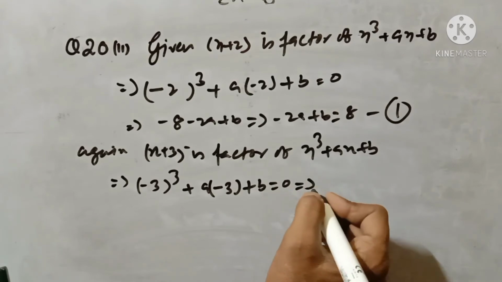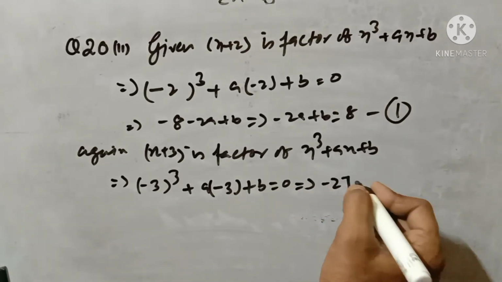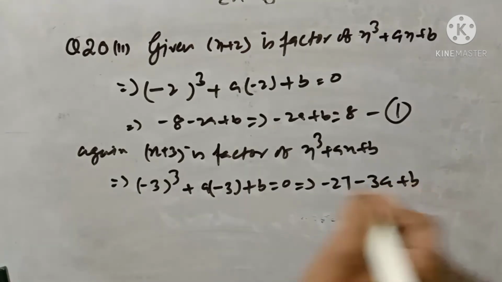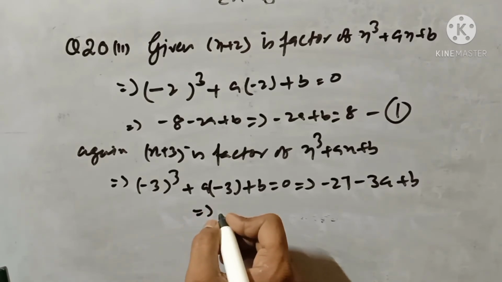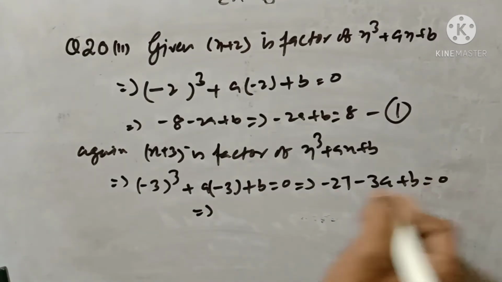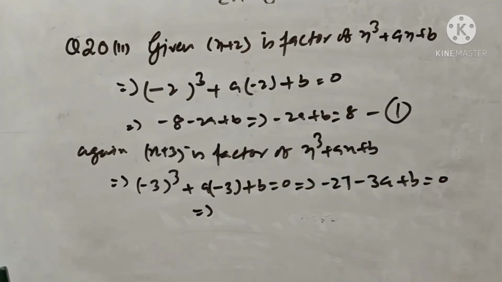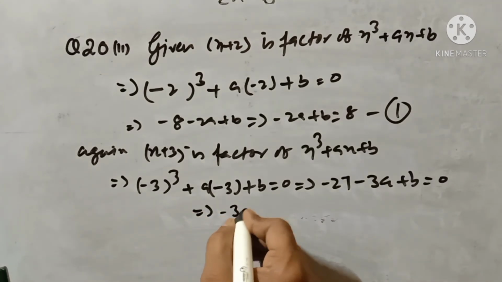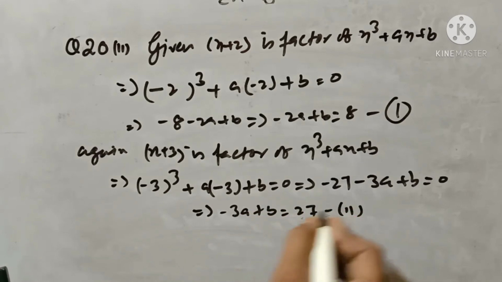This implies 27 plus 3a plus b equal to 0. So we can write minus 3a plus b equal to 27. Let it be equation 2.